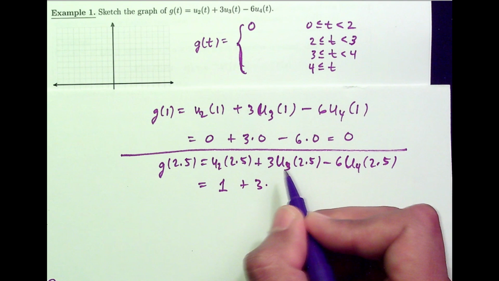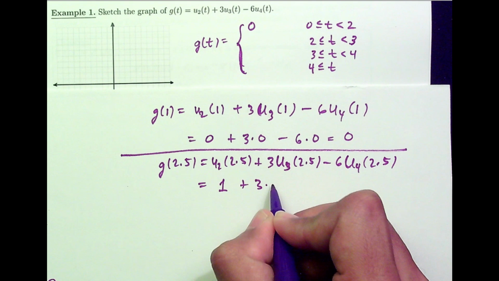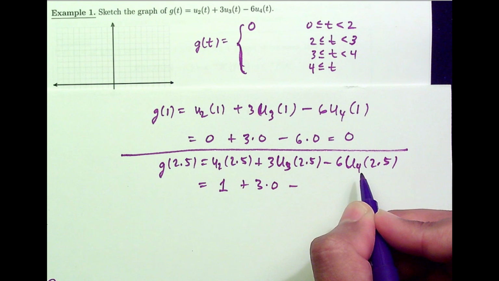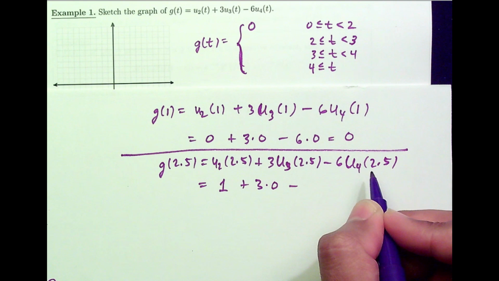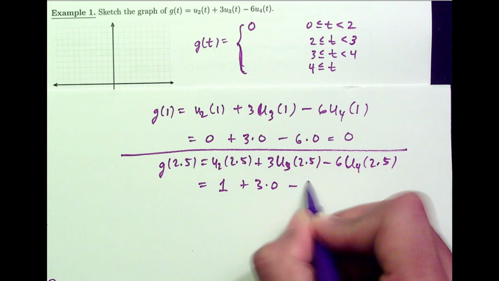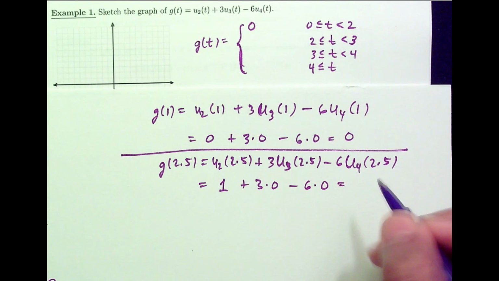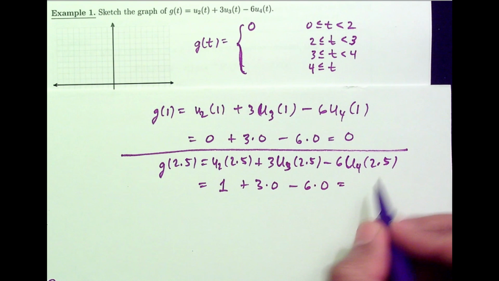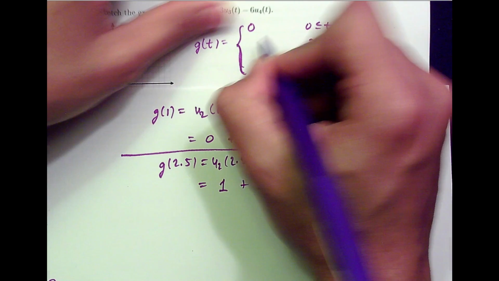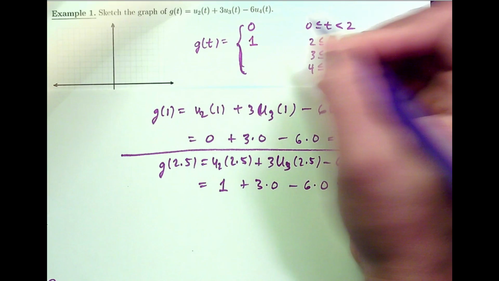And similarly for this one, 2.5 happens before 4. So before 4, u sub 4 is 0. So 1 plus 0 minus 0 is 1. So the value there is 1.